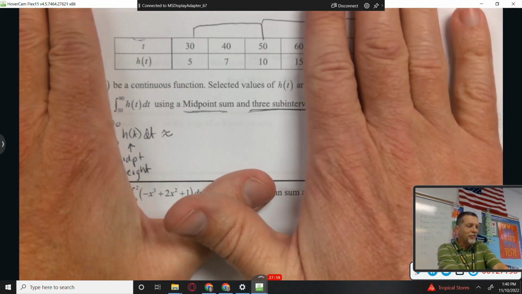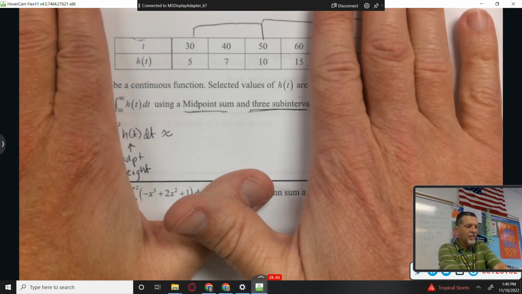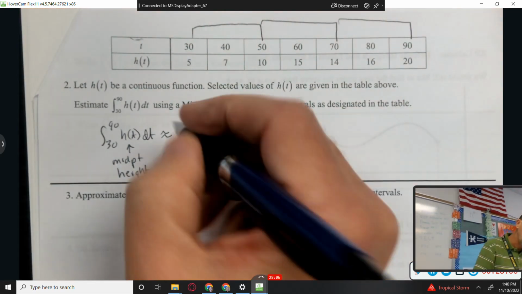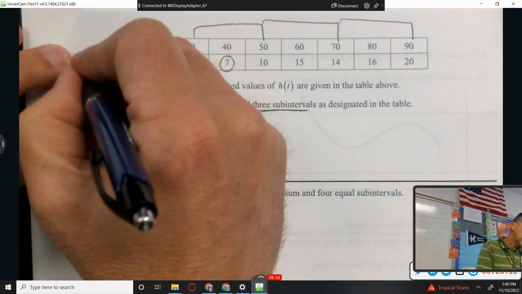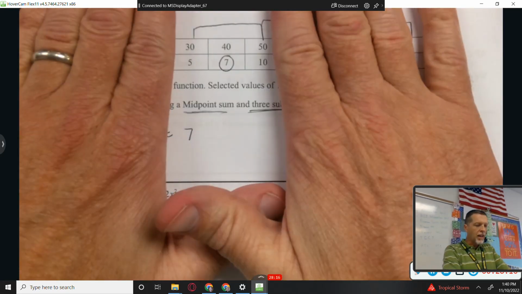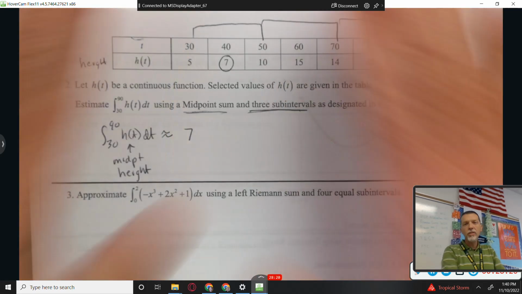Careful, I heard 40 and 7. Which one's the height at the midpoint? So, yeah, 47 is the midpoint, but 7 is the height at the midpoint. That's how tall it is. How wide is that base? 20, because the base goes all the way from 30 to 50.